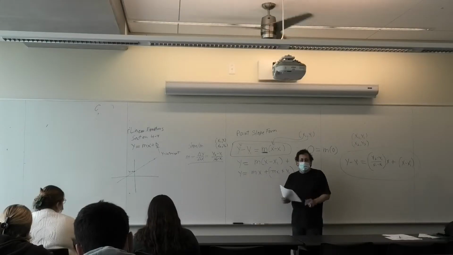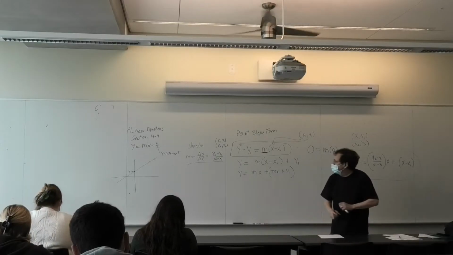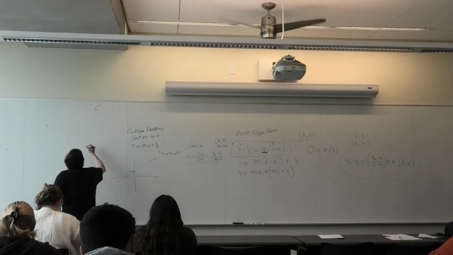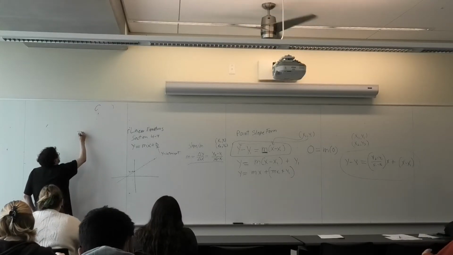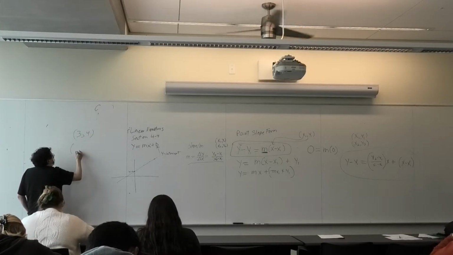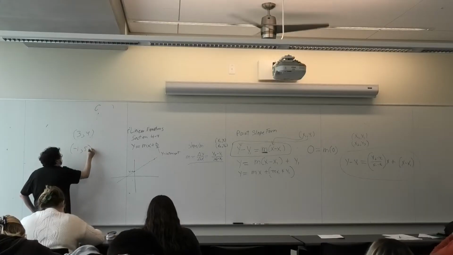Let's do a couple examples. Does everybody have a piece of paper? Let's just say I have 2 points, (3, 4) and (-1, 5).